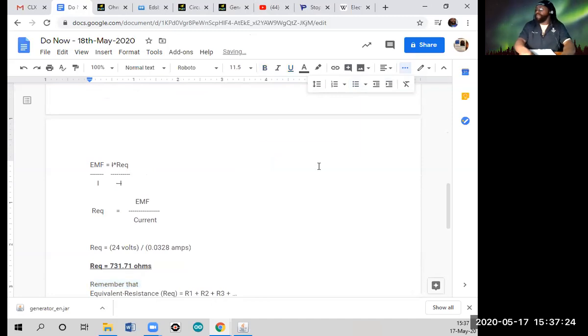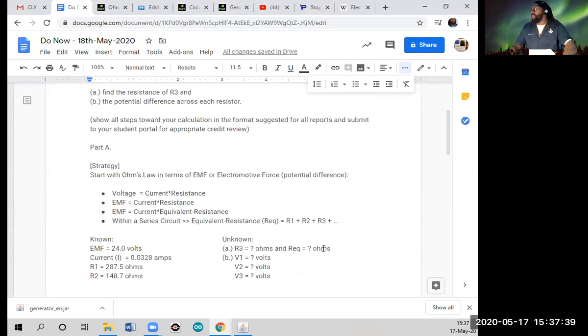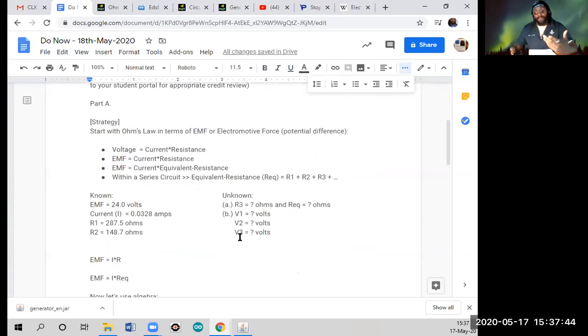Remember that. That is that, right? So next, we need to understand what we're looking for, right? And that's that second part of it, the R3. That's why earlier I said, hey, we got to find REQ before we can find R3, because we can do some algebra to find that too.